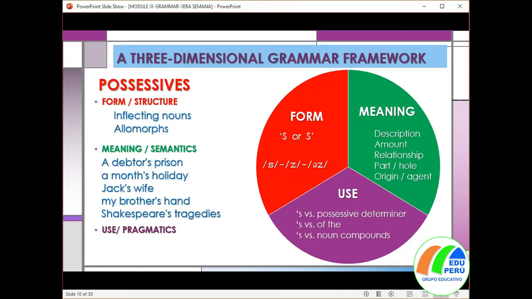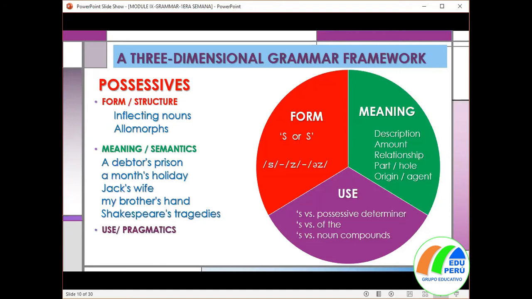The other one, a month's holiday. Are you talking about possession? No, right? This is not about possession. What is it about? Amount. You are talking about an amount. Notice the meaning of this structure is changing.